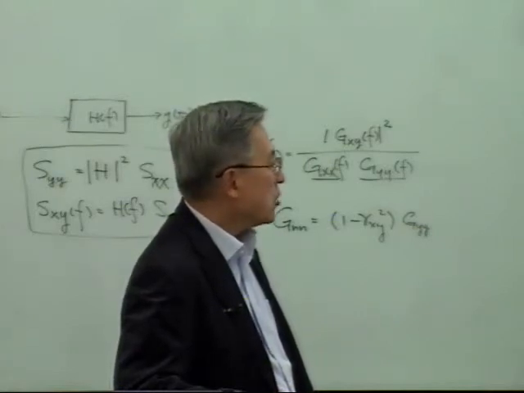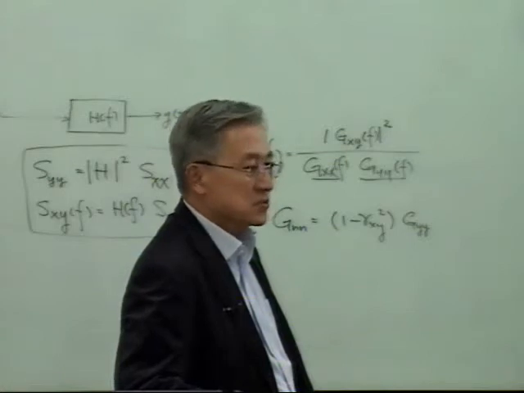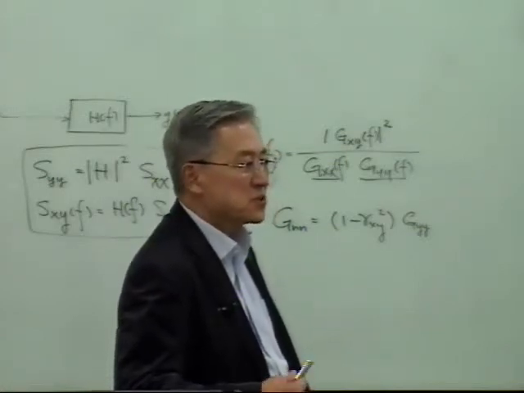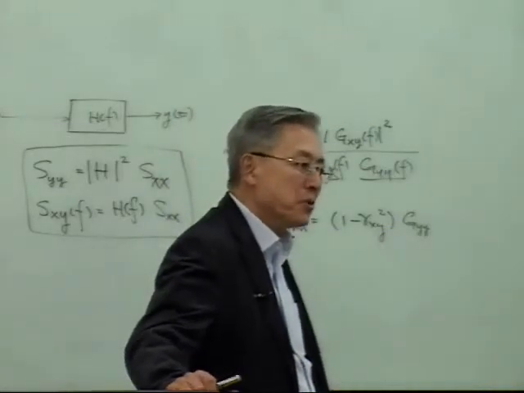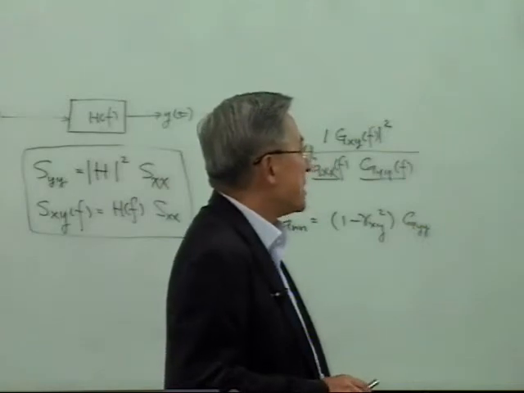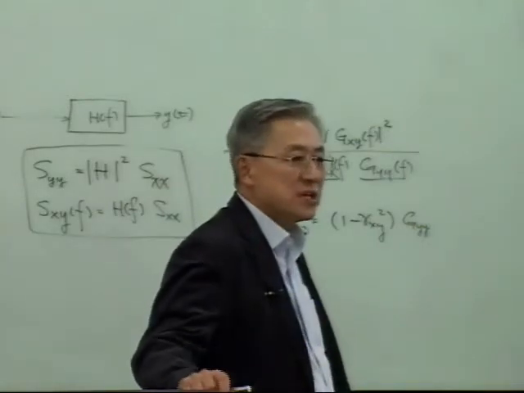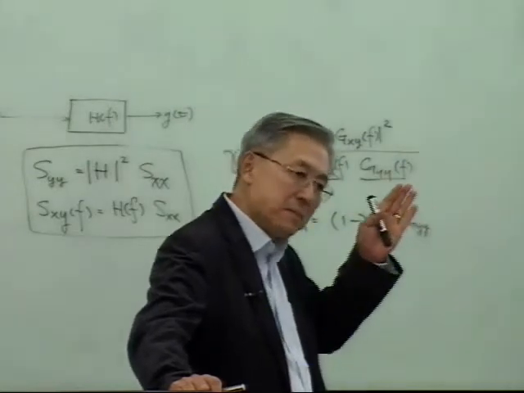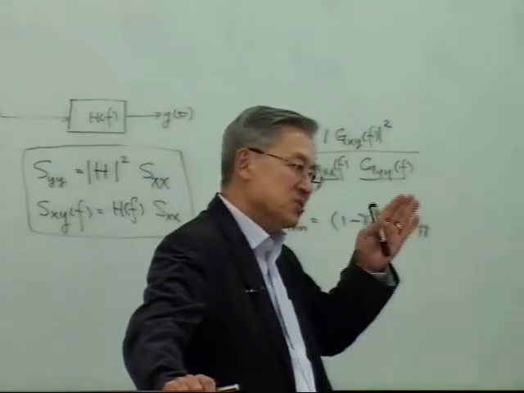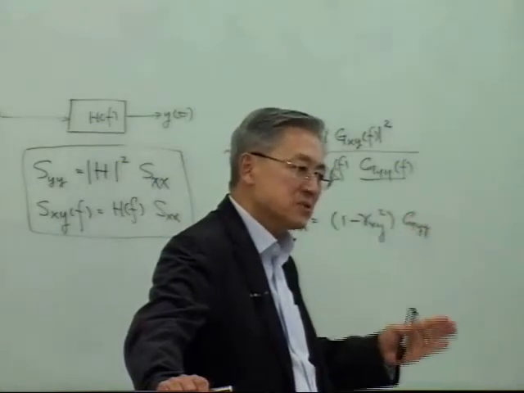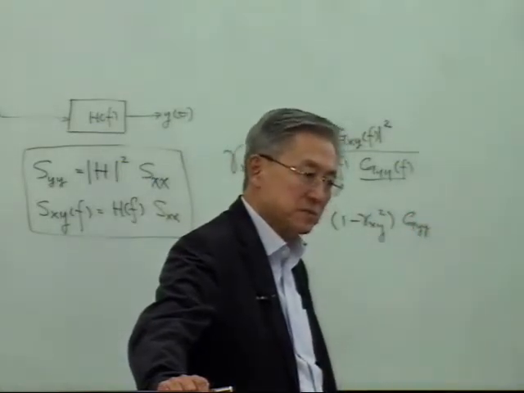In this case, it's the output noise to signature ratio. If you use M, usually you use M for the input noise. So if this is M, GMM over GXX, where X is the input and small m stays in the input, then that's the input noise to signature.